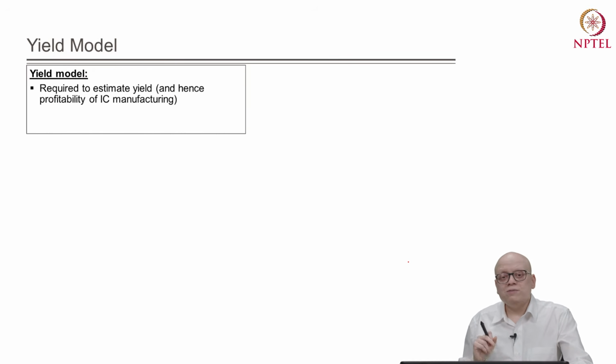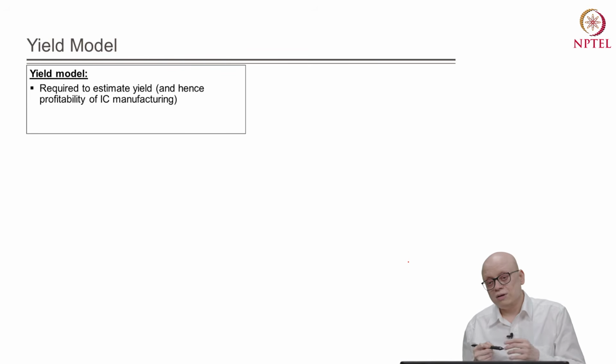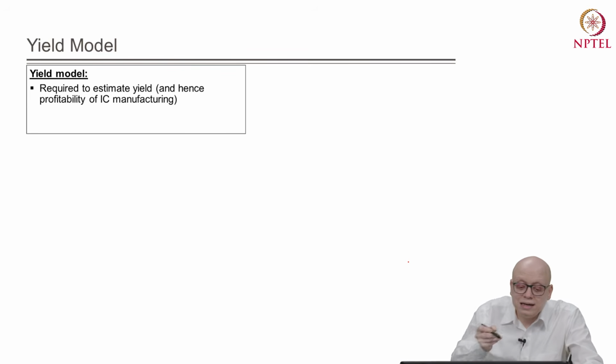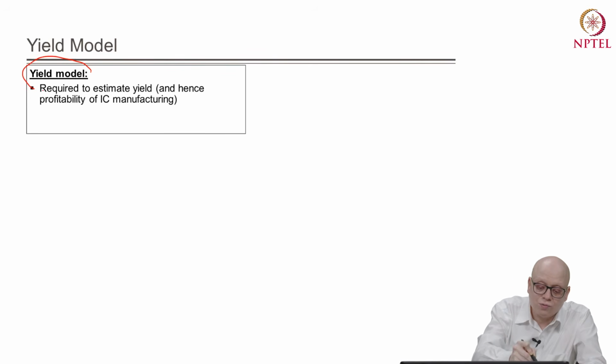Now, when we start a chip designing venture, we need to understand what the profitability of our venture will be. And in this analysis of profitability, yield is a very important criterion. Why?